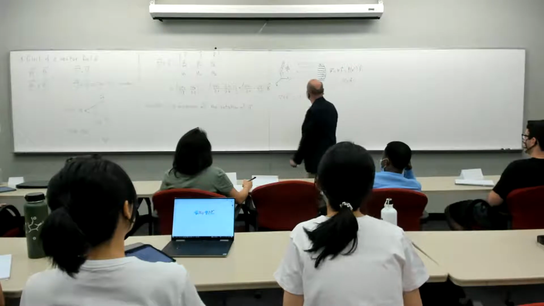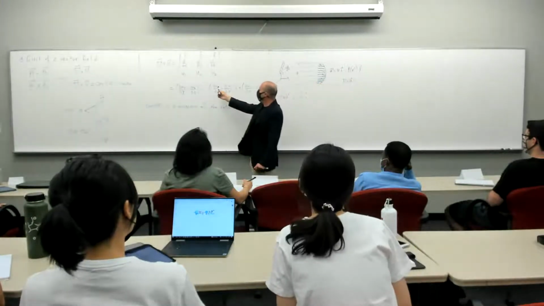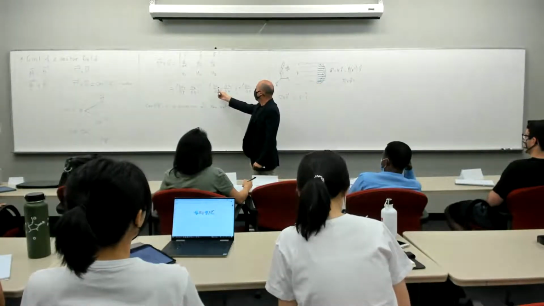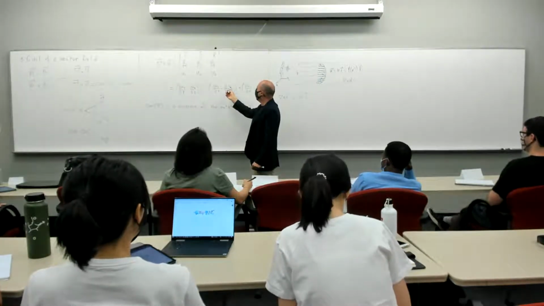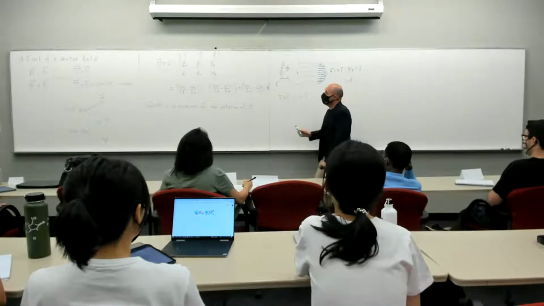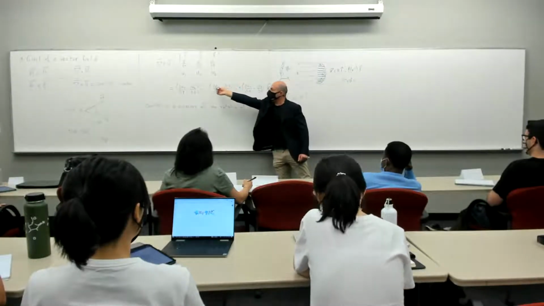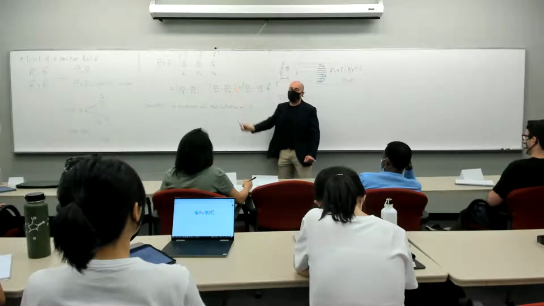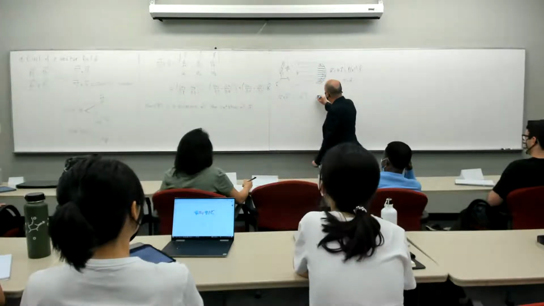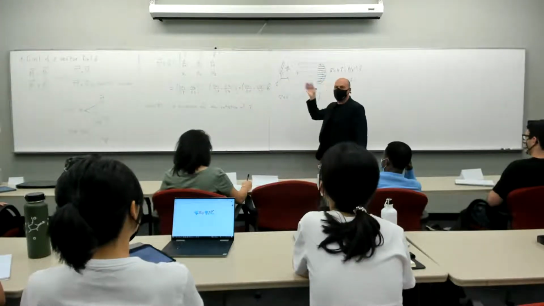In the j direction, you've got u3 minus u1. So u3 is 0, but u1 is not 0. However, it's not a function of z. So you get 0 j.